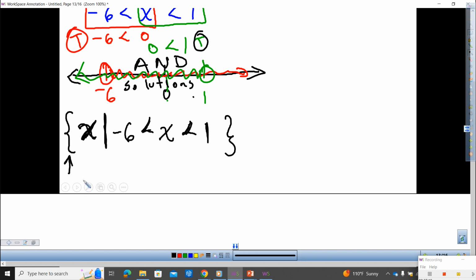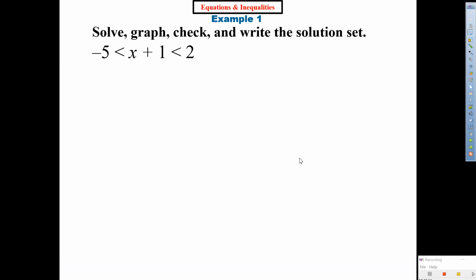The set of all x's such that, that's what it says. And then all arrows to the left. All right? So, we did one together. Let's do another one. Here we go, just to make sure we got it.